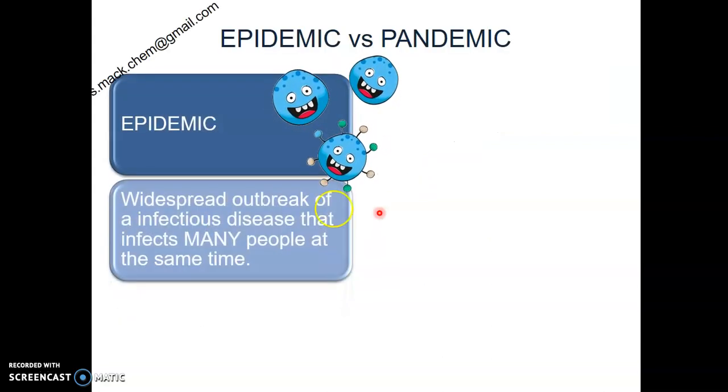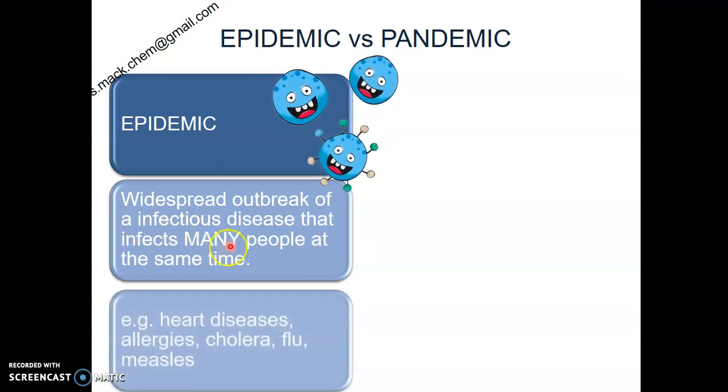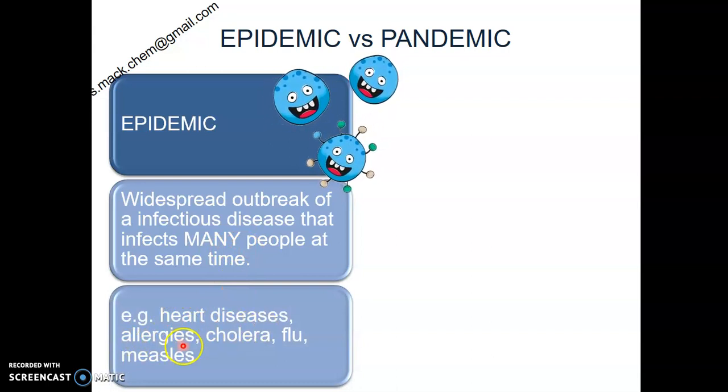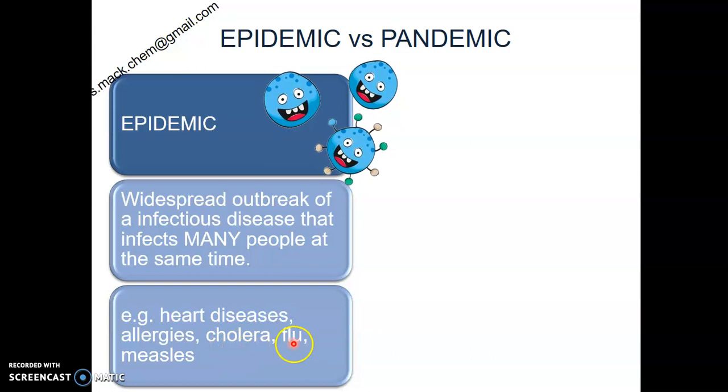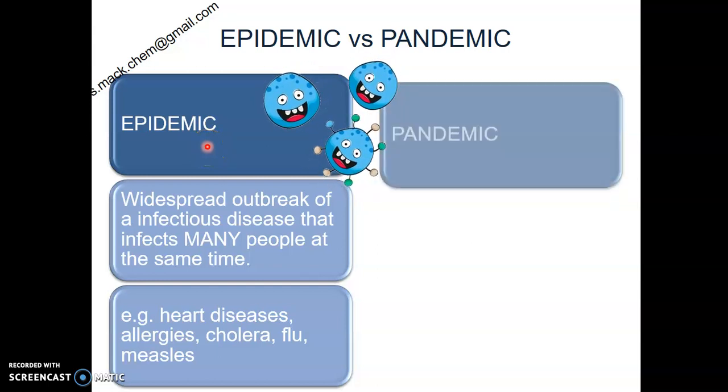We say that in an epidemic, there's a widespread outbreak of a disease which is infectious, and it can affect many people at the same time. For example, heart disease, allergies, cholera, flu, or measles. So an epidemic may affect many people.